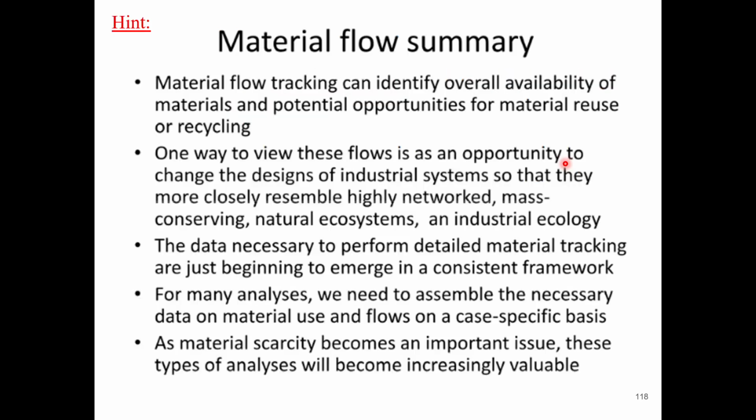It is not of least importance because it provides an opportunity to change the designs of industrial systems so that they more closely resemble highly networked, mass conserving natural ecosystems and industrial ecology. Okay, so it may help in more efficiency and more optimization in making a highly networked mass conserving natural ecosystem.